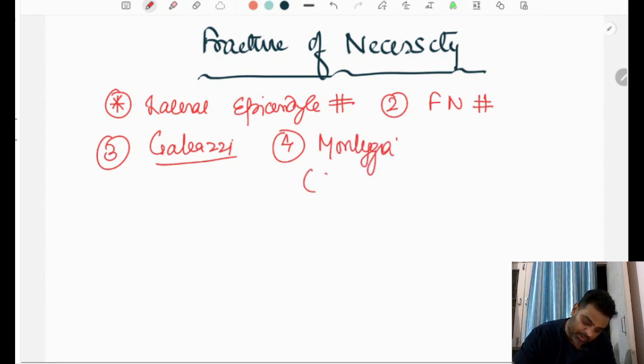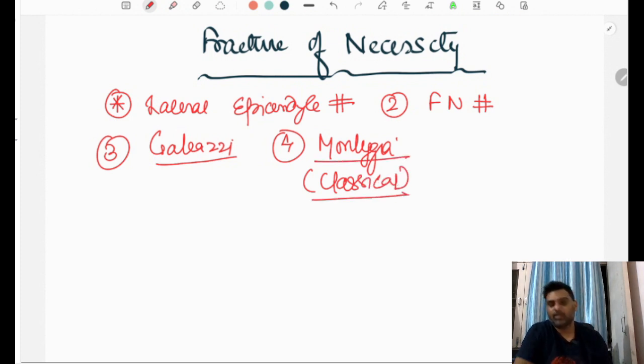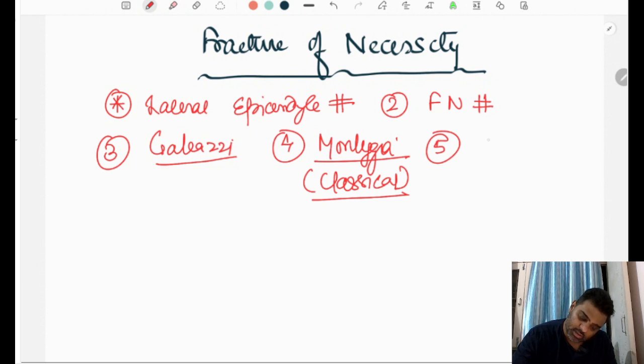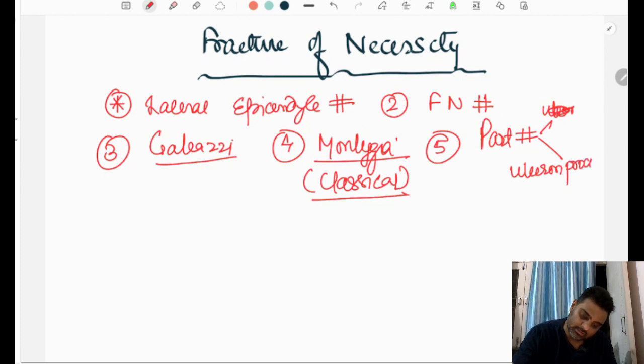Please remember it should be classical Monteggia, that is proximal ulnar fracture with radial head dislocation. Fifth, two-part fracture of the olecranon process or patella.